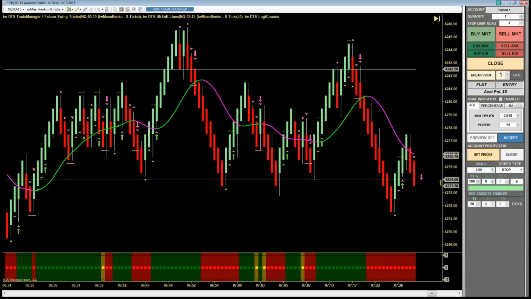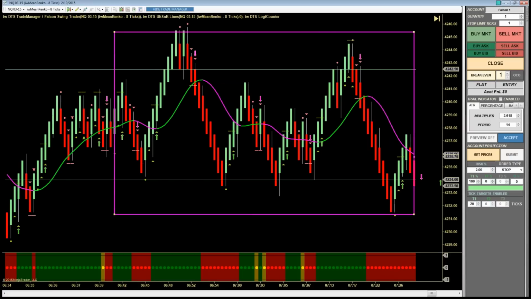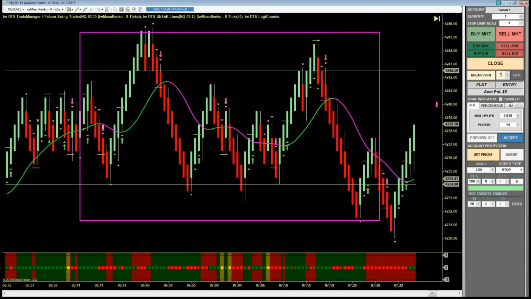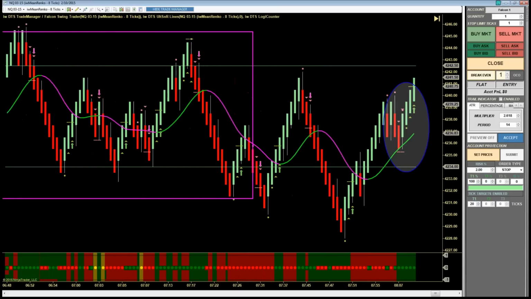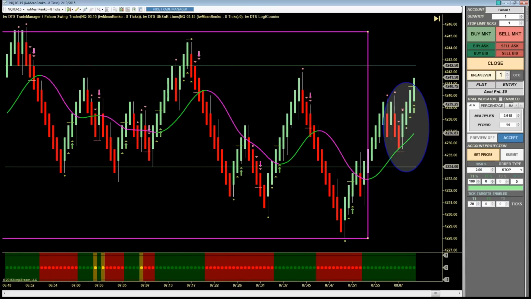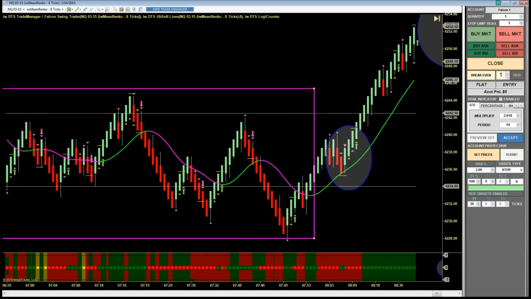But for me, a lot of it is just being able to identify the chop. So when I'm looking at my Falcon tool, for instance, and I see that the trend line looks like a roller coaster at Six Flags, and I've got my filter breaking up here like a checkerboard, then that's probably telling me that I really don't have a whole lot of directionality to this market, and maybe I'm better off just identifying the range and waiting for the market to get outside of this range.